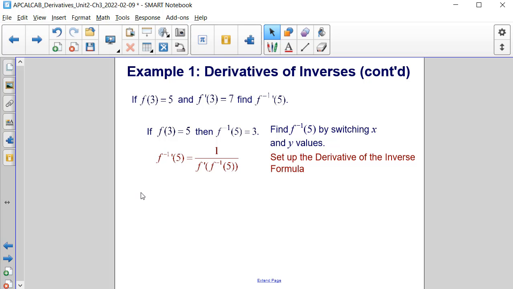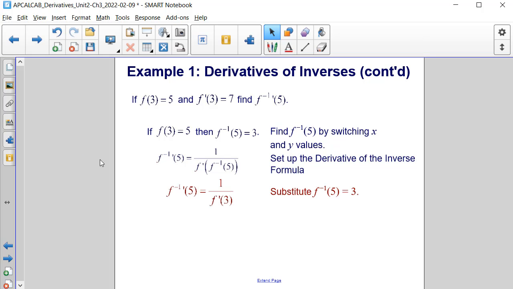The next step is to set up the derivative of the inverse formula. So the derivative of f inverse of 5 is equal to 1 divided by f prime of f inverse of 5.